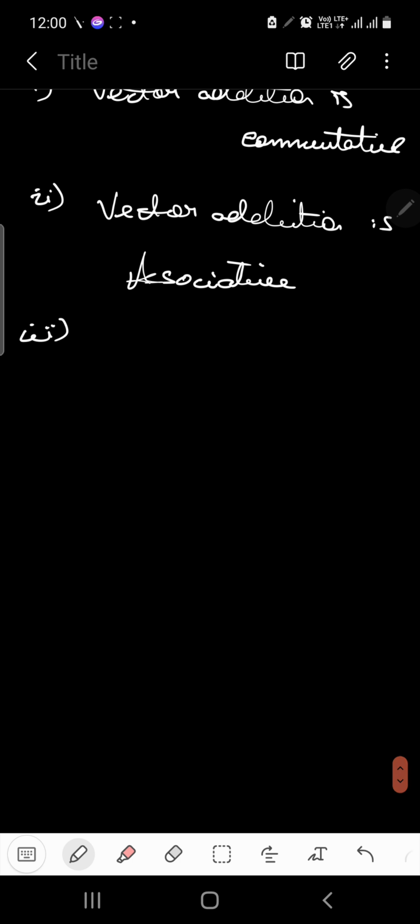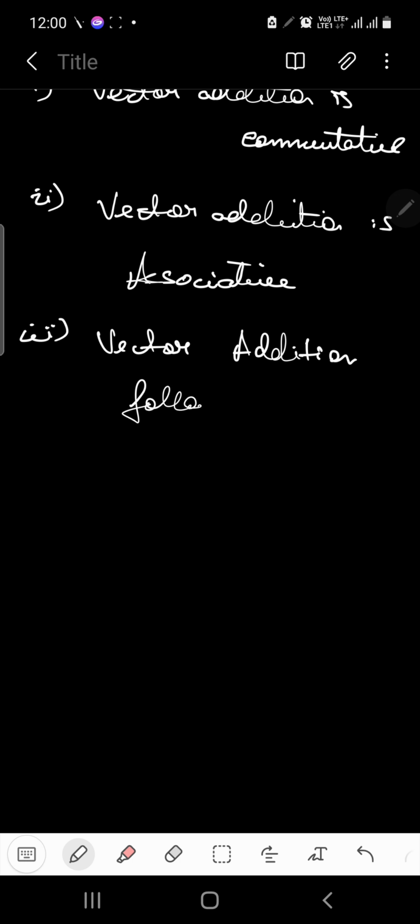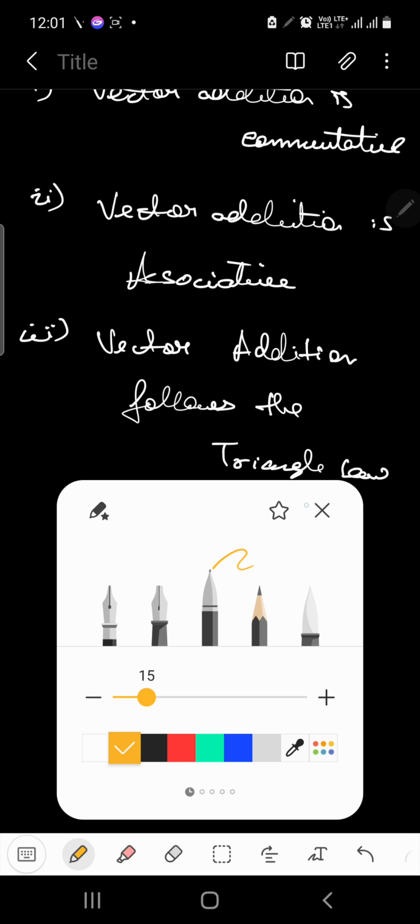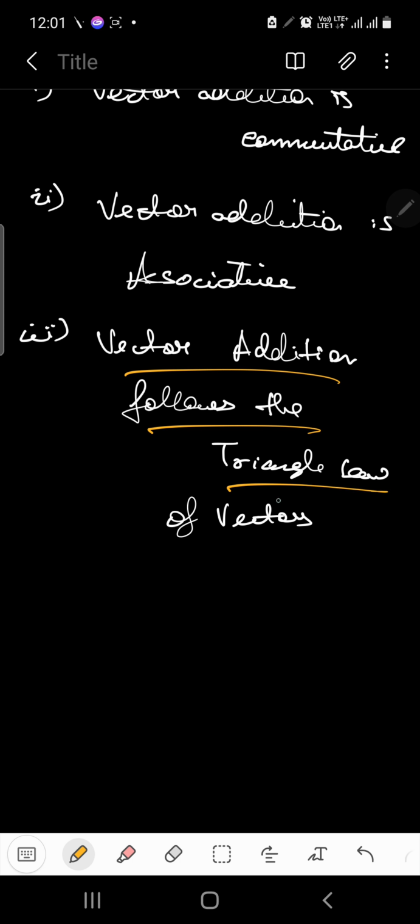And thirdly, vector addition follows the triangle law of vectors. Triangle law of vectors. Clear? This is what I just showed you.